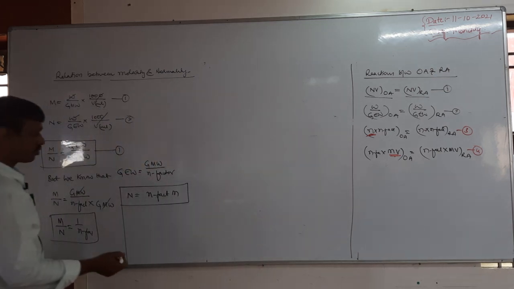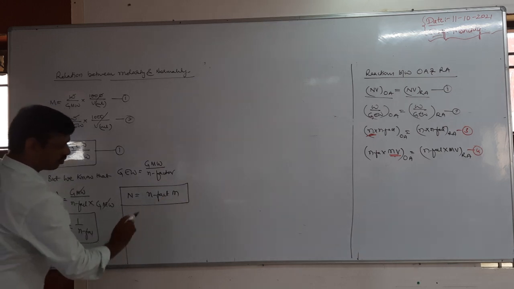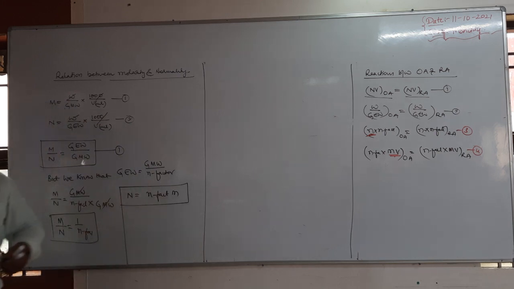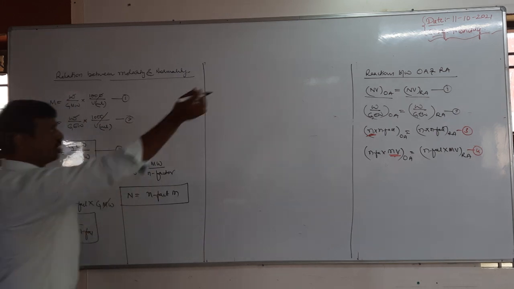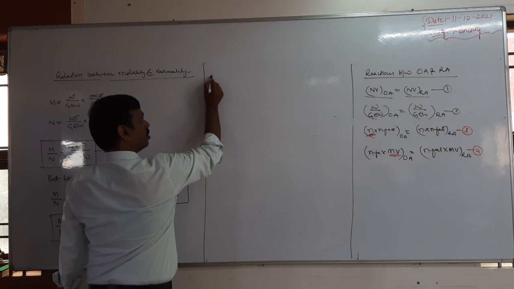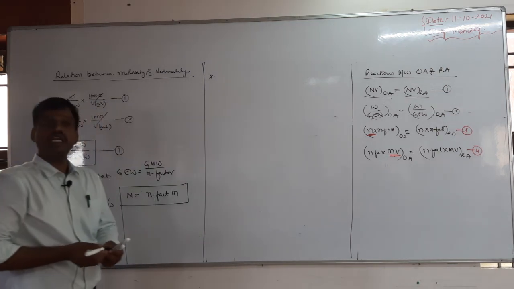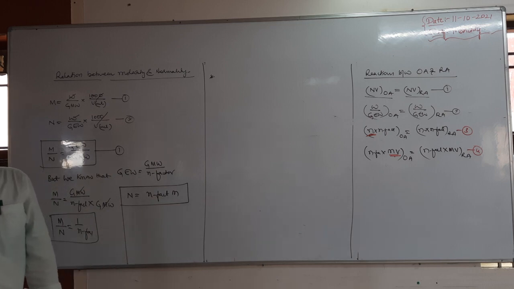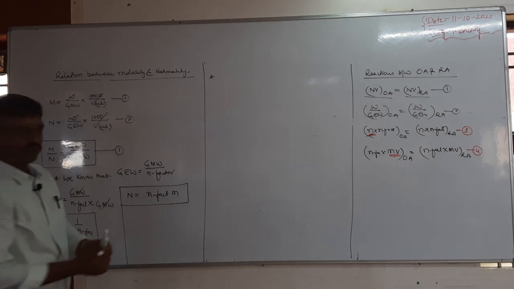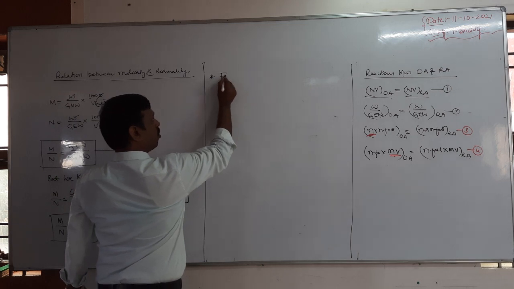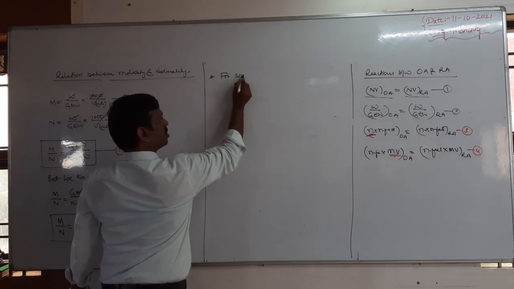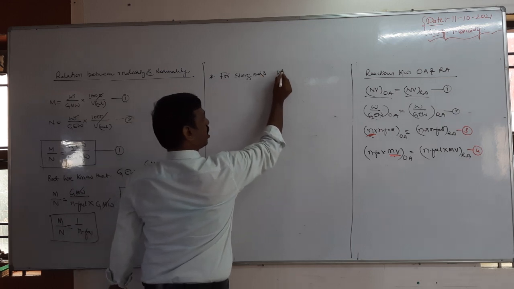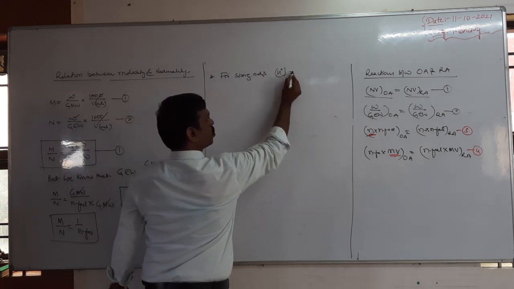Fine. But do you know the importance of this normality? This normality can be used in the calculation of pH. In chemical equilibrium we will study pH and pOH. So for strong acids, H plus ion concentration is always equal to normality.